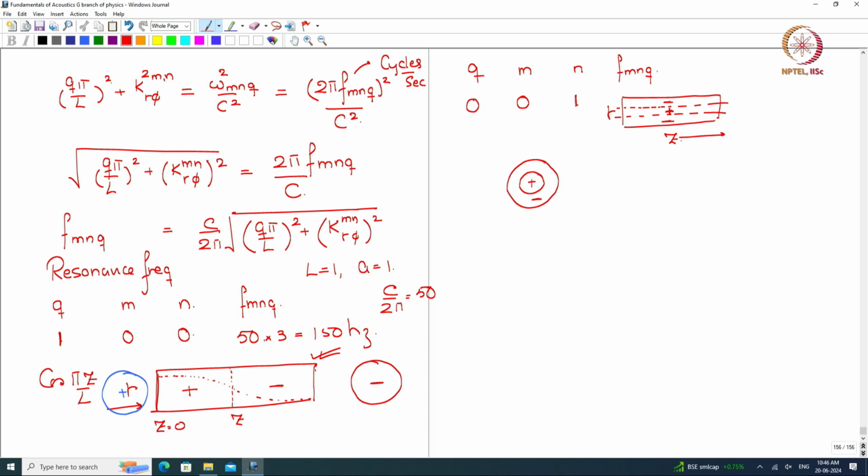Okay, I suppose you got that. So if I draw the circle here, then I will cut here, here, here. So I get one nodal circle. Let me draw it properly.